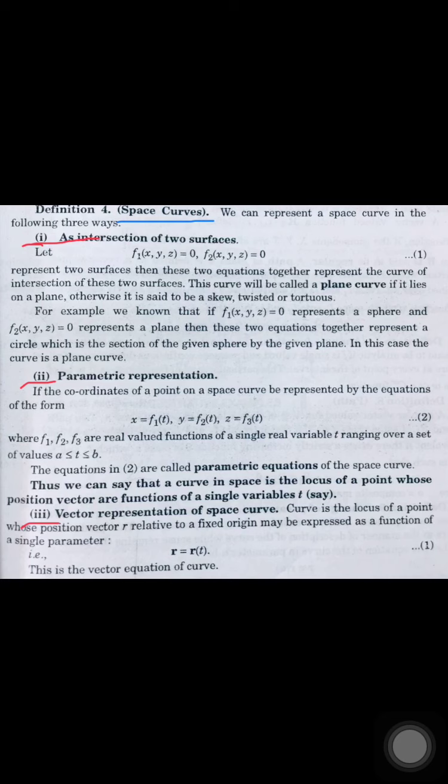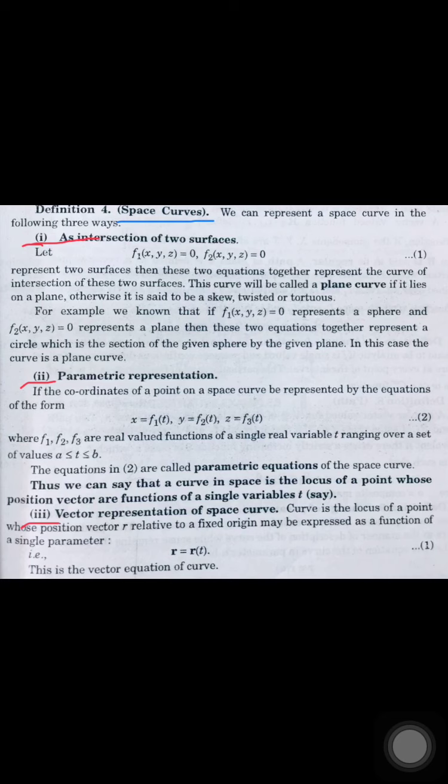We can also say a curve in space is the locus of a point whose position vector is a function of a single variable, say t. Now we take the vector representation of a space curve, the third type. A curve is the locus of a point whose position vector r relative to a fixed origin may be expressed as a function of a single parameter, that is the vector r equals r(t).